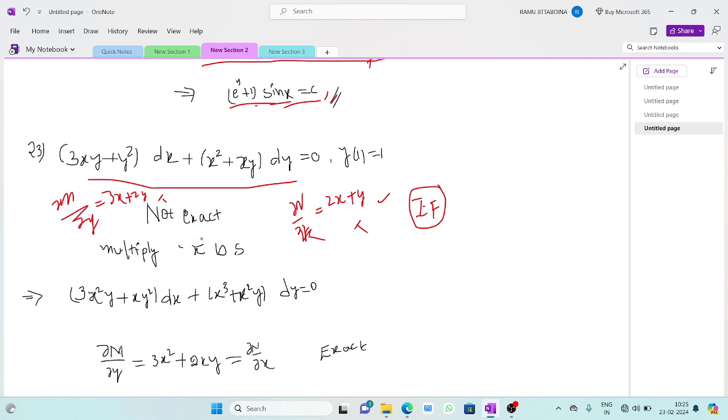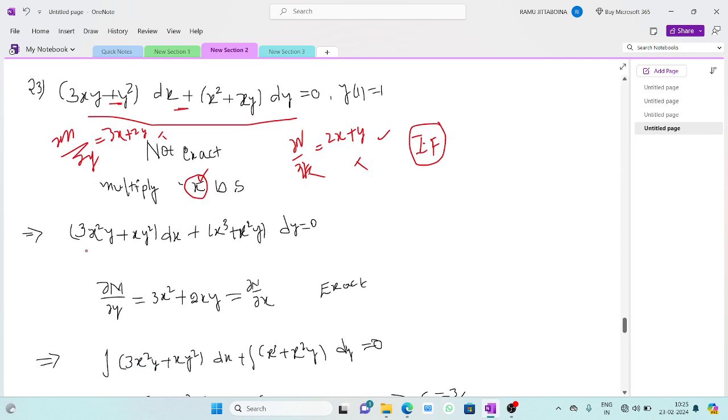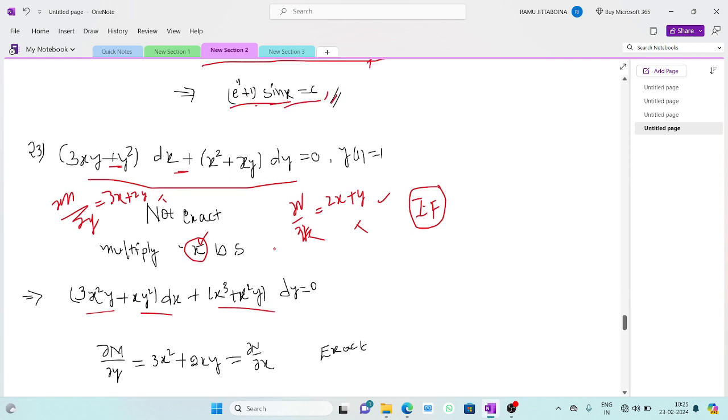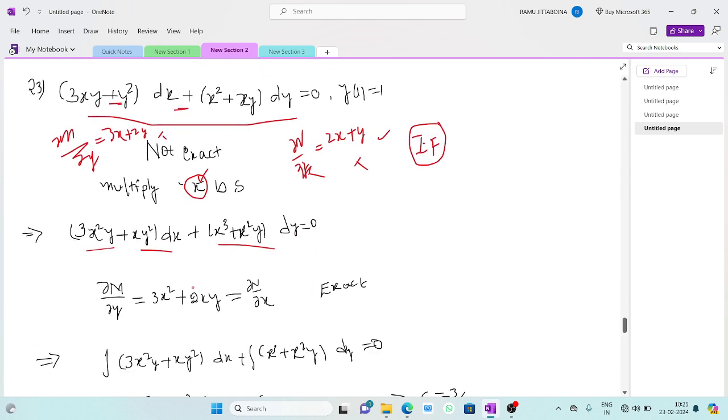I directly found that if you multiply with x, the given differential equation goes to the form of an exact differential equation. So I simply multiply x on both sides of the given differential equation. I will get (3x^2 y + x y^2) dx + (x^3 + x^2 y) dy = 0. I differentiate partially with respect to y here. ∂M/∂y will give you 3x^2 + 2xy, and ∂N/∂x will give you the same.